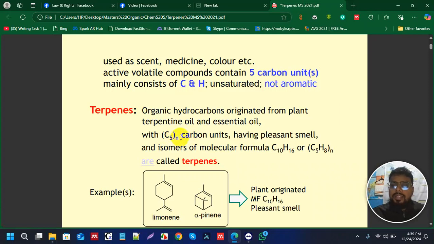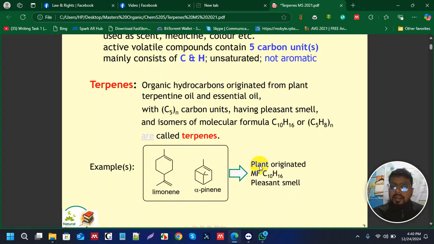That's why we can say that terpenes contain C5 carbon units, or C10, C15, or C20. This kind of ratio should be maintained in the case of terpenes. The terpenes contain a pleasant smell, and should be isomers of molecular formula C10H16 or C5H8N. Those are known as terpenes.